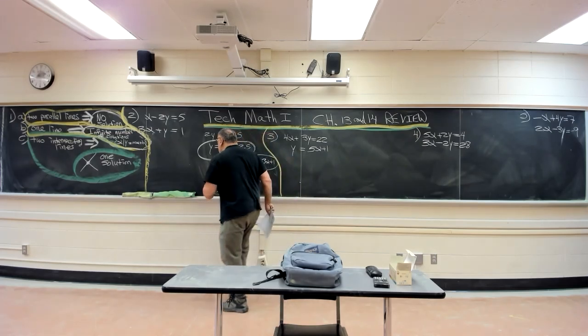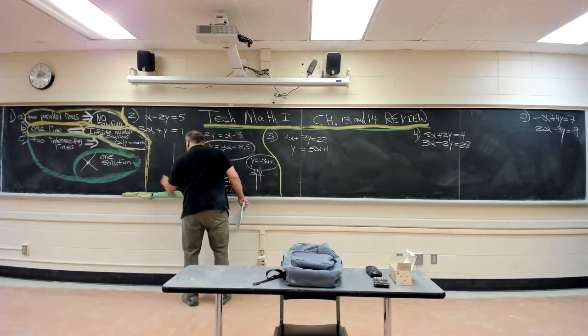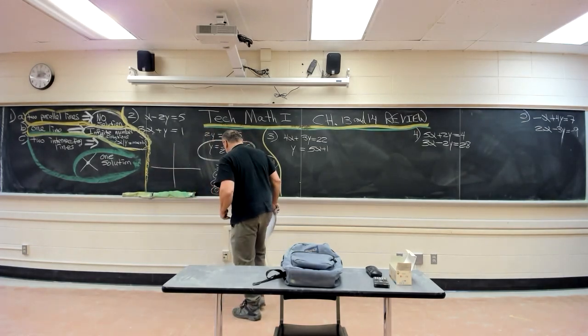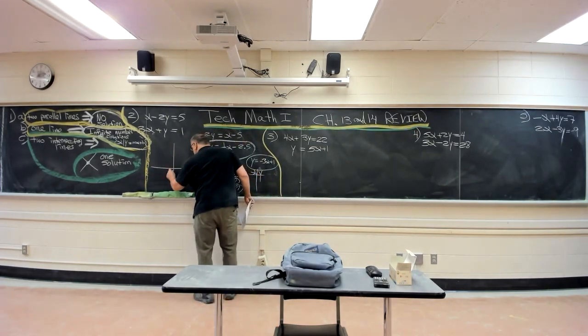So looking at this, let me graph this one. Positive slope, slopes upward to the right. Negative 2.5, negative 1, negative 2, negative 3. Here's negative 2.5, 0.